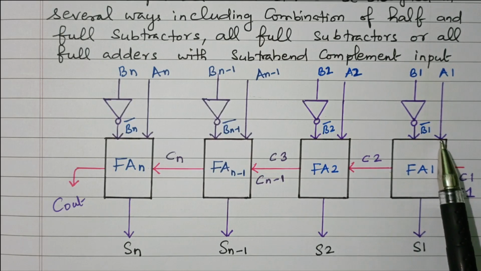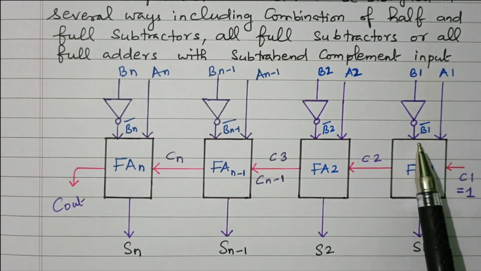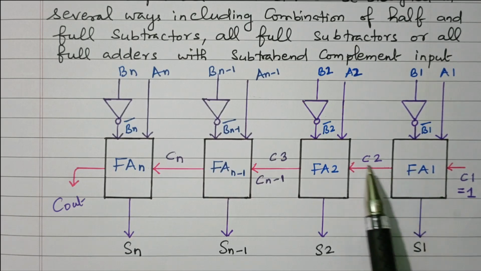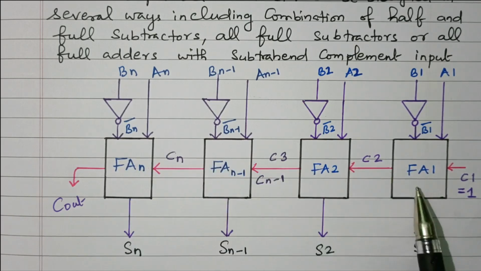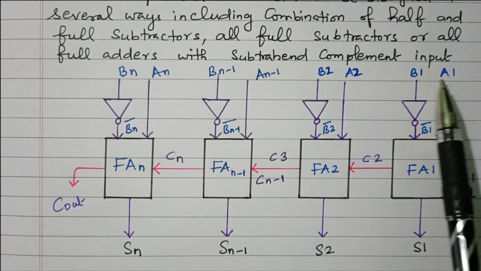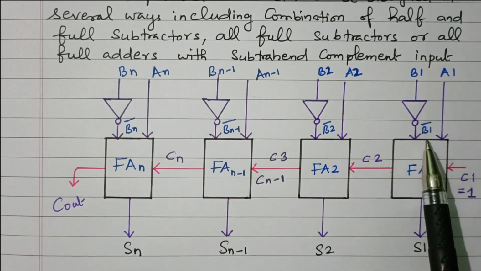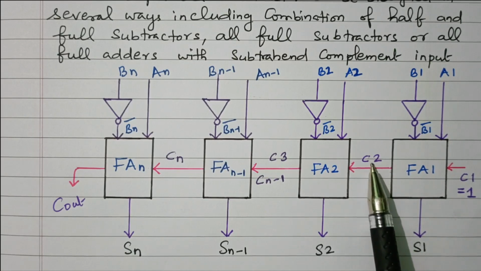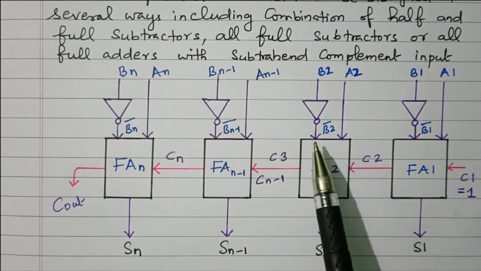The first bit of number 1 is added with the 2's complement of the second number, so it is equivalent to subtraction, right? Similarly we are doing the operation. A1 and the complement of B1 are added with 1, the 2's complement added, and it will generate the sum, that is equivalent to subtraction, and it will generate the carry C2. That is used for the second bit.